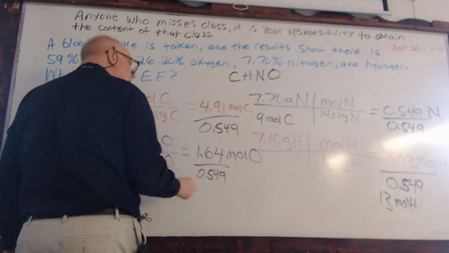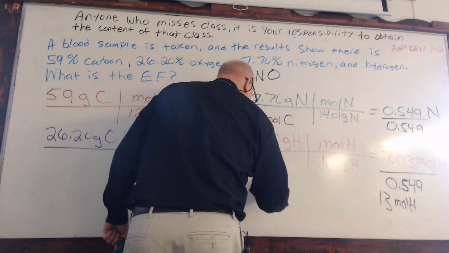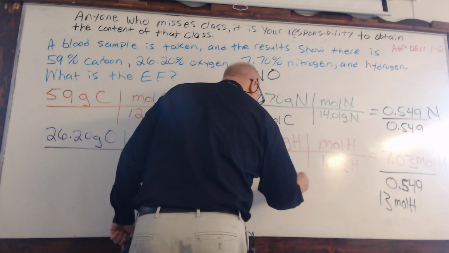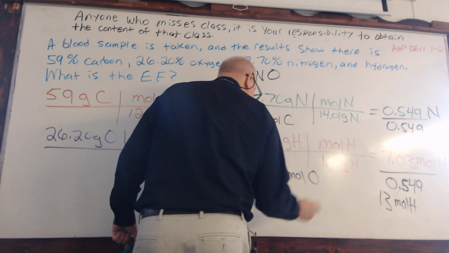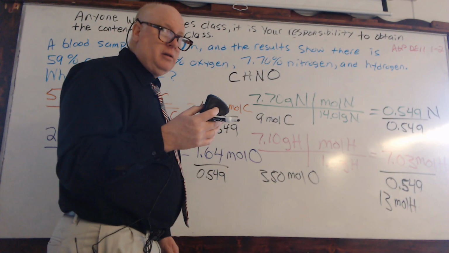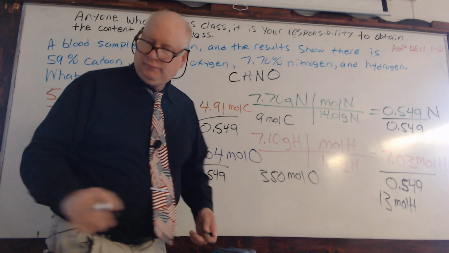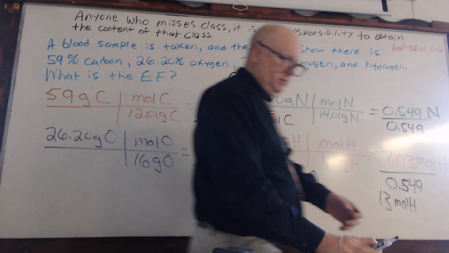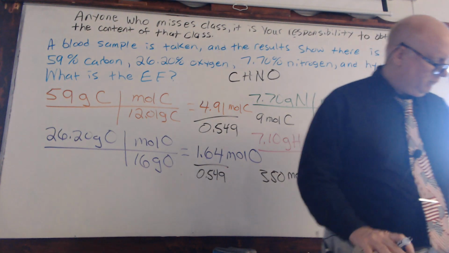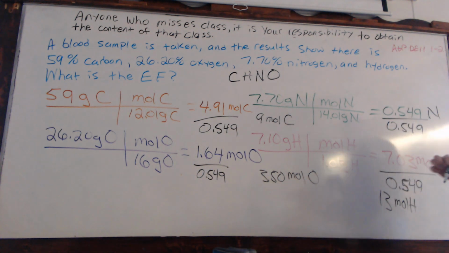And then for oxygen, okay, so 1.64 divided by 0.549.